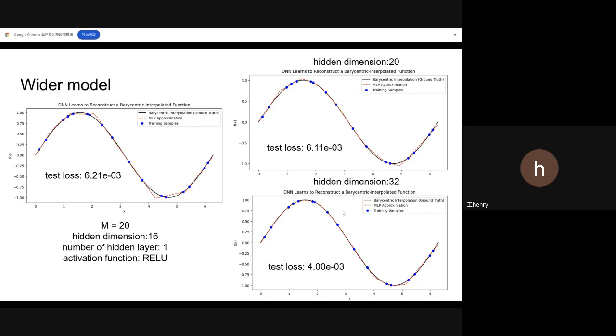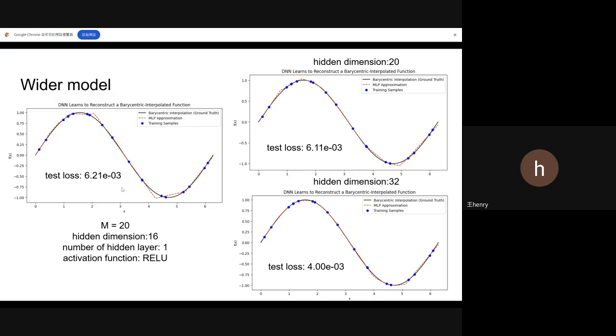For the next case, we increase the model's width. Based on the same logic, we want to increase the parameters of the model to enhance the learning of unknown new features. We increase the number of hidden dimensions from 16 to 20 and then to 32.